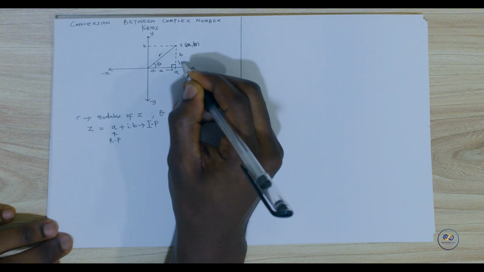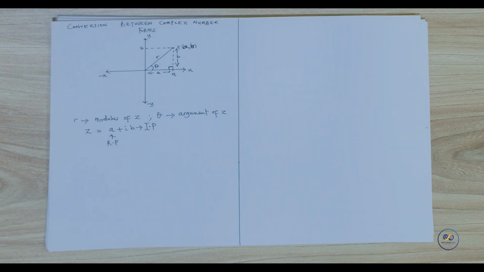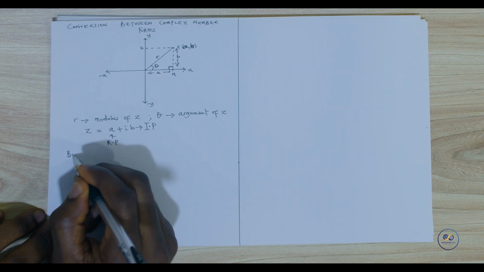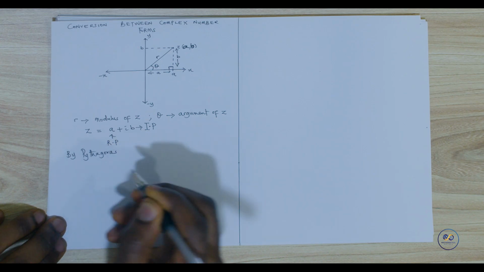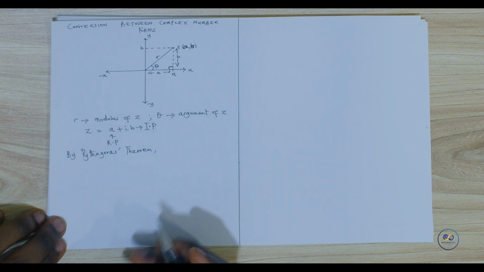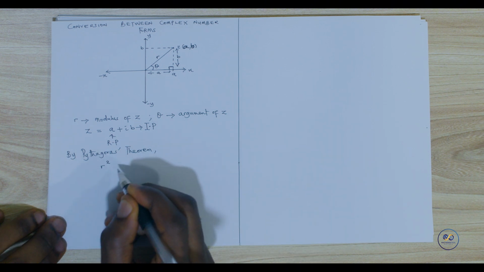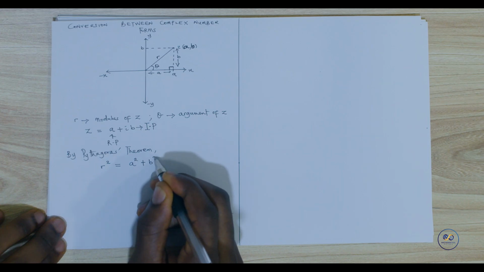Now, with this concept known, how can we find the value of R and theta? Clearly, by Pythagoras' theorem, we know that the square of the hypotenuse is equal to the sum of the squares of the other two sides.